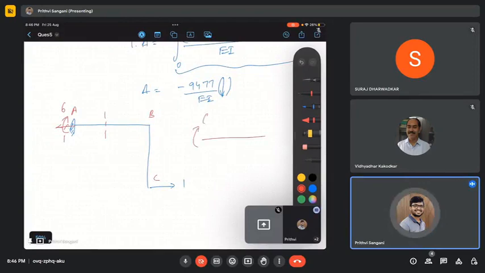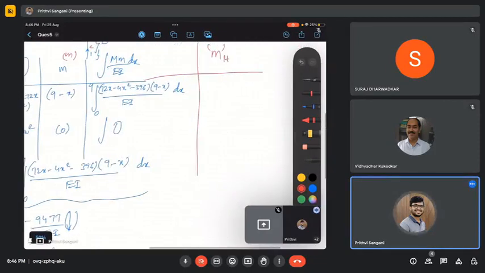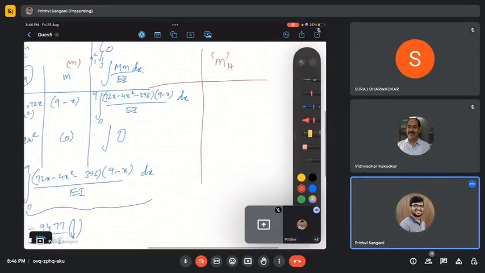This is 6, this is 1. So usually what we assume is this as positive, right? So mx minus 6 plus 0 is equal to 0. mx is 6, so that's the reason why I'm writing positive here. That is the reason why we are taking that as a positive sign.